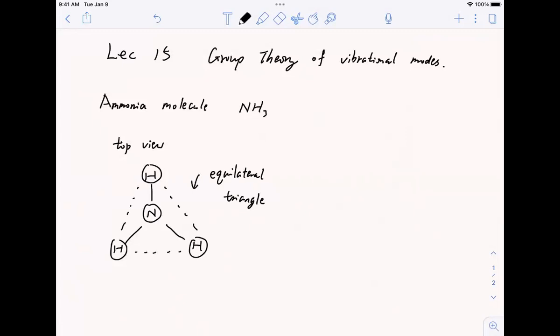And if you view it from a side view, it's like a pyramid. It's something like this. I think I should use a dashed line.